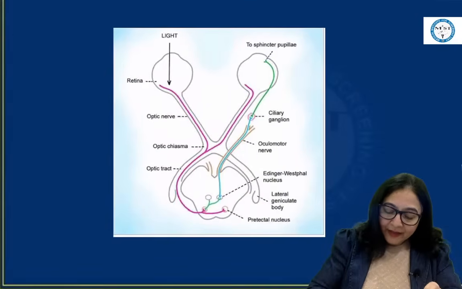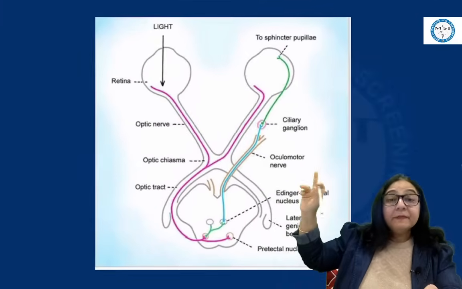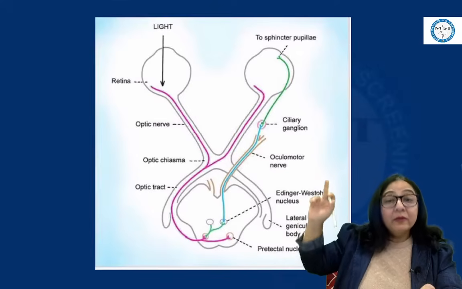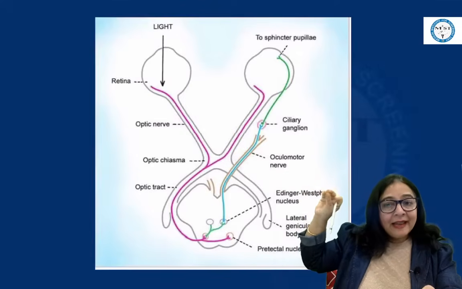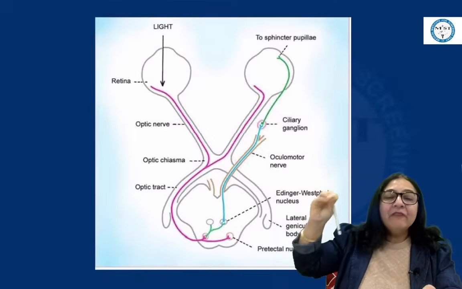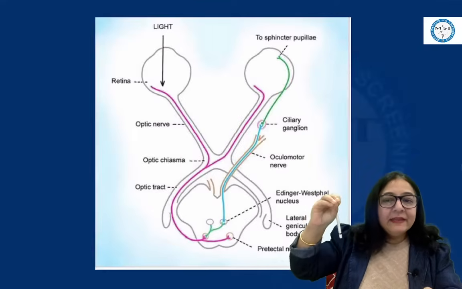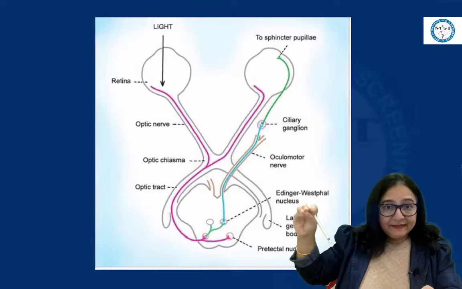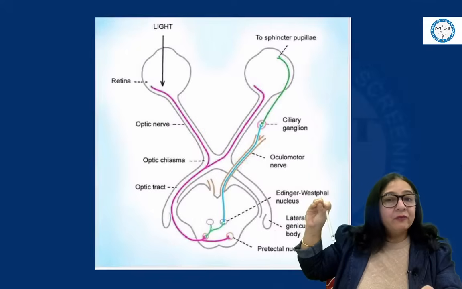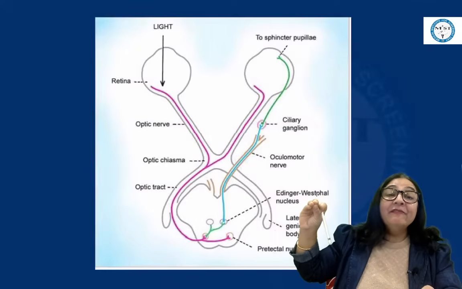And just a quick idea about the pupil reflex beta otherwise. So you know, when the light falls on the retina, that is the afferent part or the sensory part of your pupil reflex. The optic nerve carries not only the fibers for vision, but it also carries the pupillary fibers.